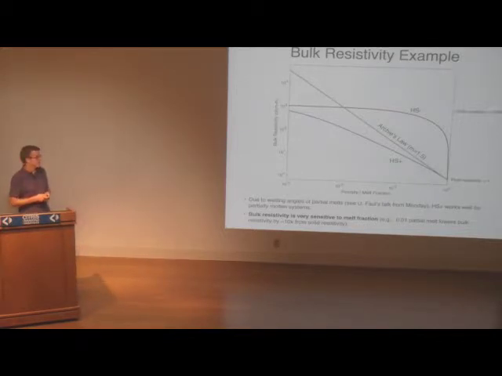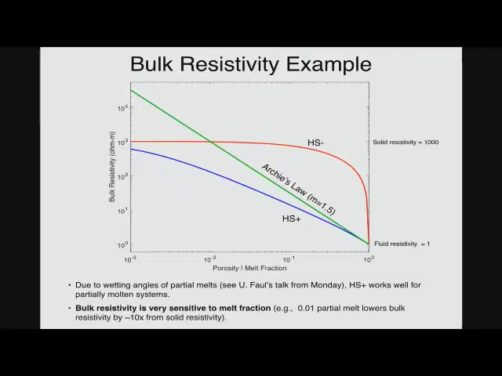For example, if this was a basalt or a peridotite, and this was melt, then even a small amount of melt is going to give you this nice enhancement in conductivity. This is one of the primary reasons why EM techniques are good for mapping melt. If you remember from Uli Fall's talk on Monday, he showed images where the melts coat the grain boundaries.